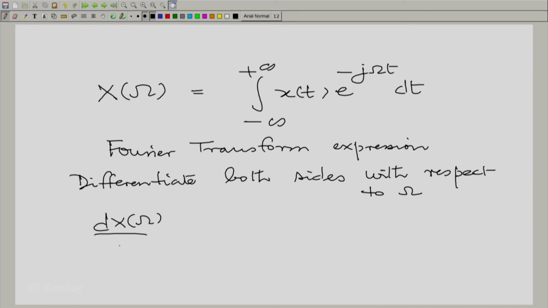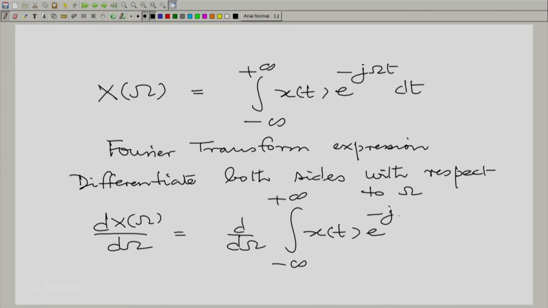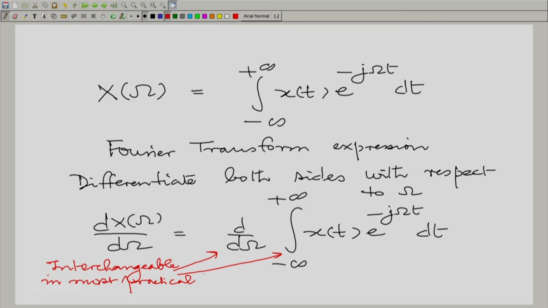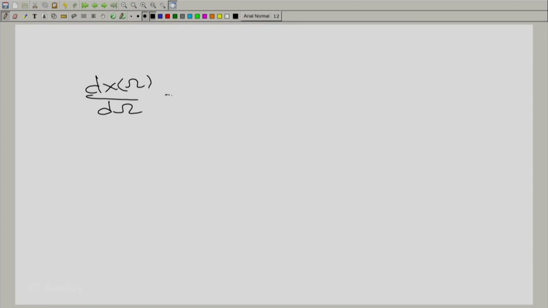So, once again you have dX(omega)/d omega, and here I can write down d/d omega of this integral, but then as before I could argue that it is reasonable to interchange this in most practical situations, which means I can now write down first integrate and then differentiate, and the differential will act only on the quantities having omega.